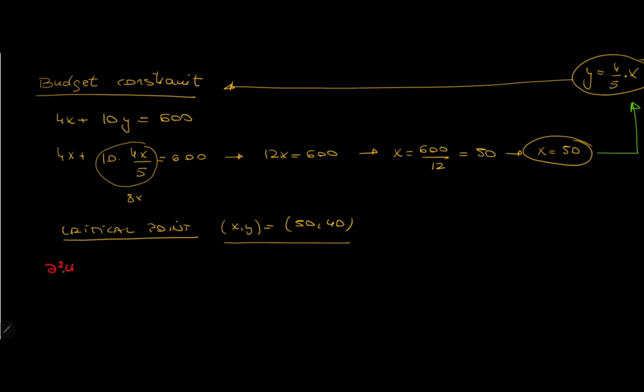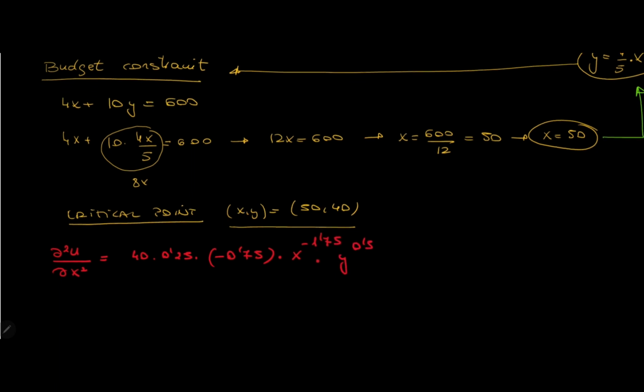The second order partial derivative according to x twice is 40 times 0.25 times minus 0.75 times x raised to the power of minus 1.75 times y raised to the power of 0.5.